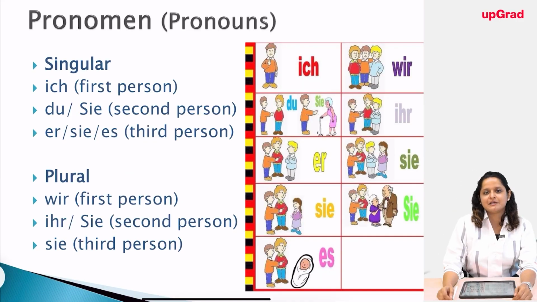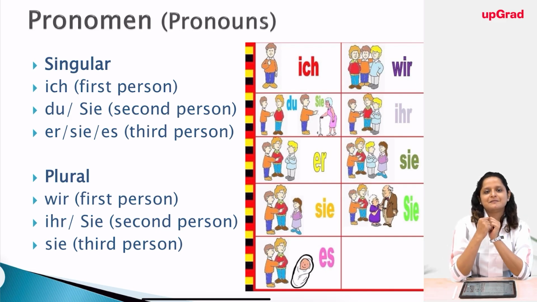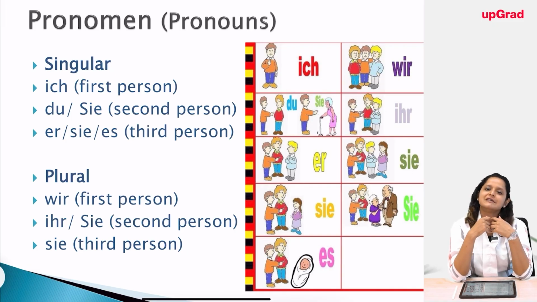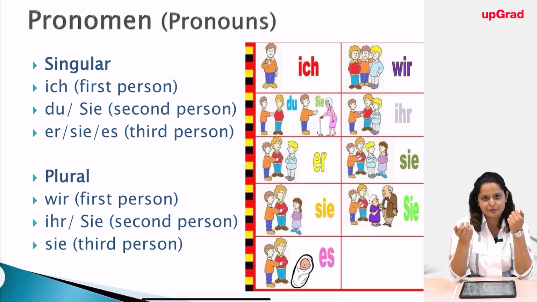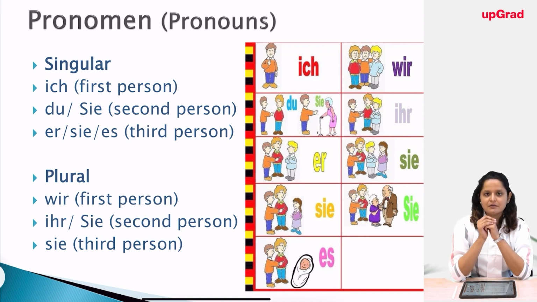In this next segment, we will be focusing on personal pronouns in German, or as we can just call them, pronouns. A lot of times when we converse, the major confusion is how we address the person we are talking to, and how we understand what our conversation is about.